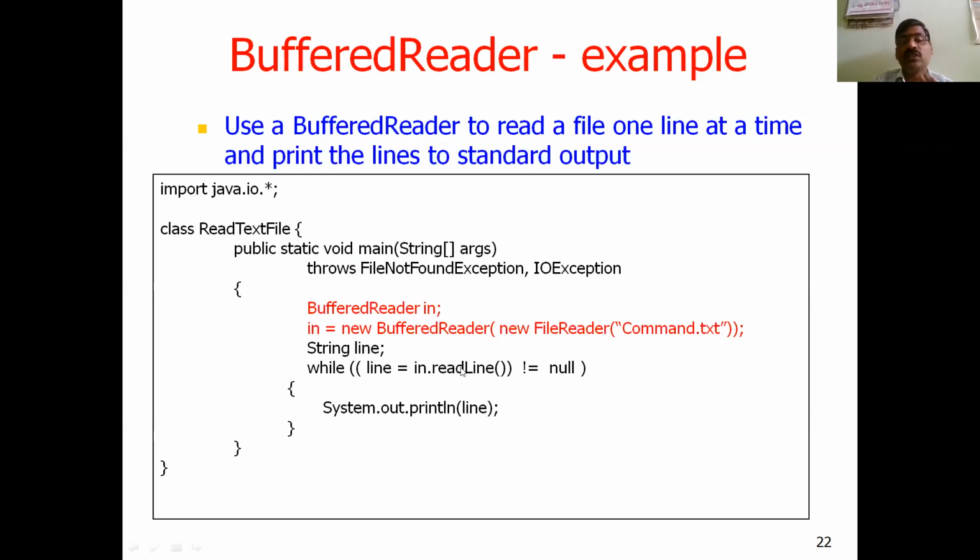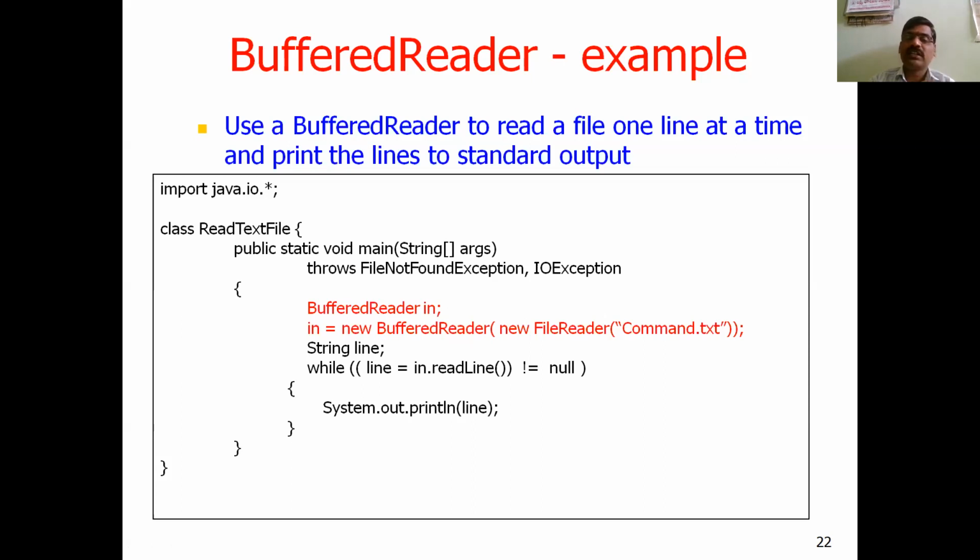One thing you have to observe here is that the FileReader is combined with BufferedReader. Why are we combining? Because you want to read line by line. To read line by line, you have a readLine method in the BufferedReader class, not in the FileReader. FileReader has a read method to read character by character.